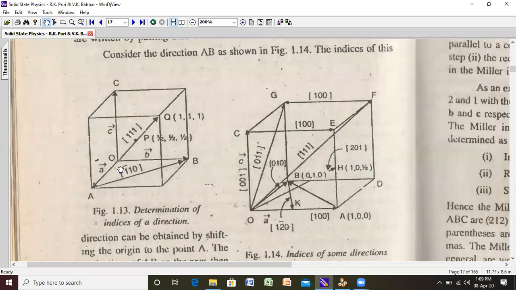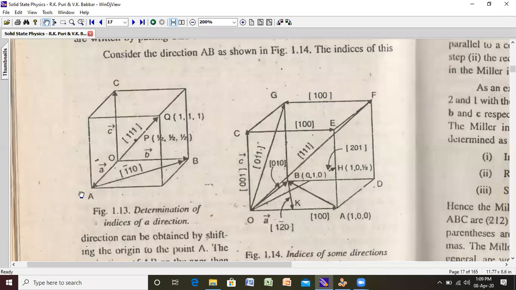And if we want to show a vector from, let's suppose, this point to, suppose, this point C. If I want to locate a point going from origin to this point, this is actually x-axis, suppose, and this is suppose y-axis, and this is suppose z-axis.